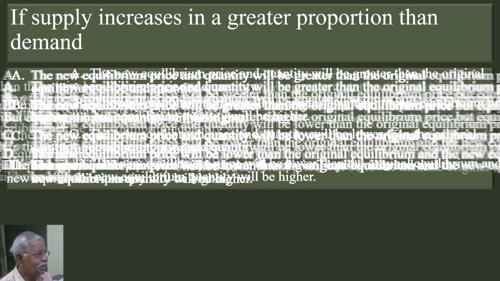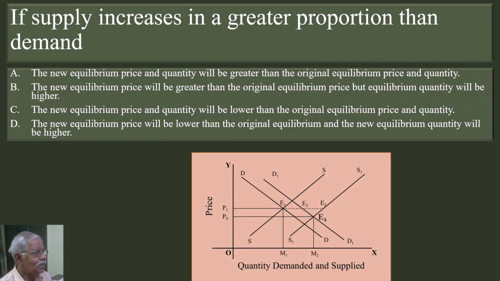We shall examine this. In this case, the increase in supply is greater than the increase in demand. This graph illustrates this. The new demand curve is D1, it increases from D. The new supply curve is S1, it increases from S. Look at the extent of increase. Increase in supply is greater than increase in demand.